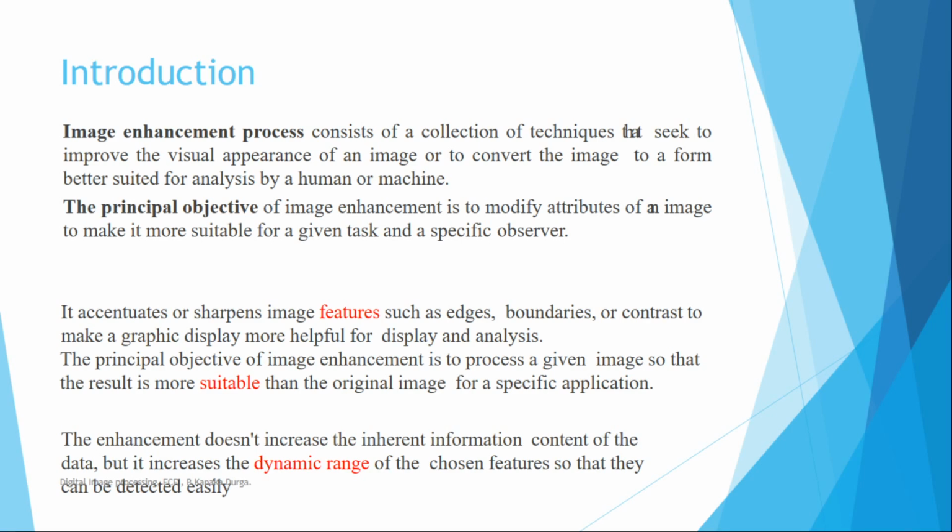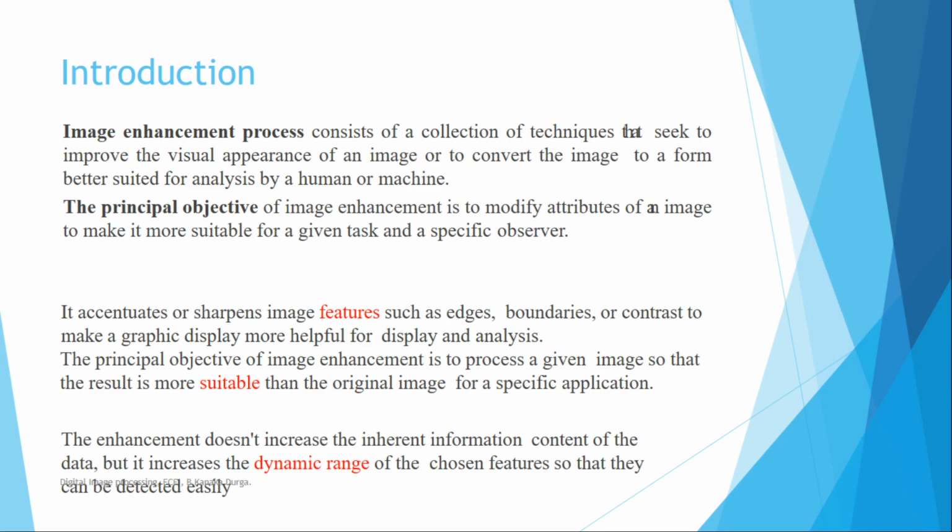So what does the enhancement process do? It enhances the values present in the image for the purpose of better visual appearance. Better visual appearance comes into the picture whenever the dynamic range increases.